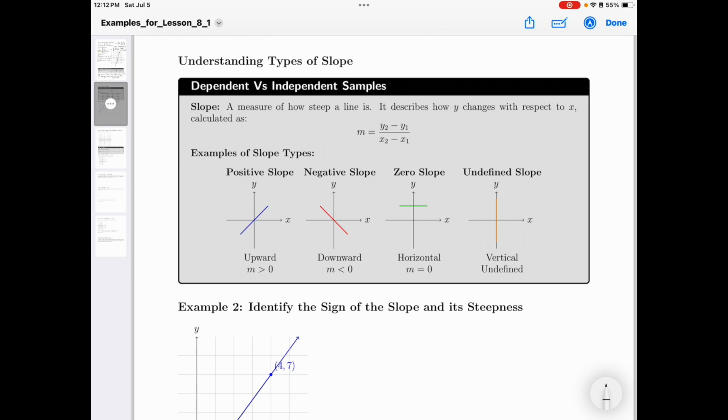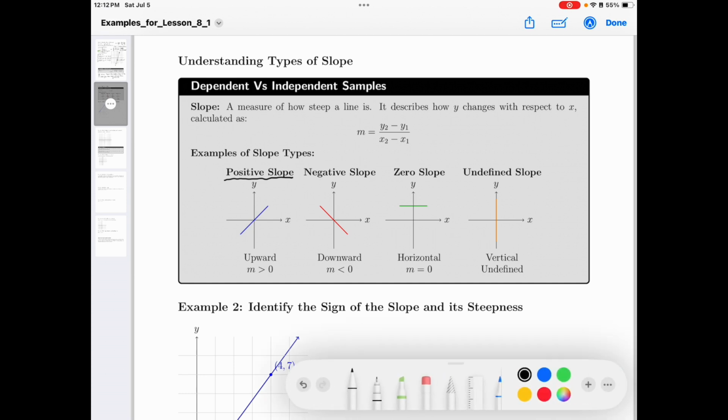So if you had a slope that's, say, +3, if you have a positive slope, then it's going to go up left to right when you look at it. You read graphs just like a book. You look at it left to right. So if I look at it left to right and it's going up, that's a positive slope, or it indicates that the values on the line are increasing.